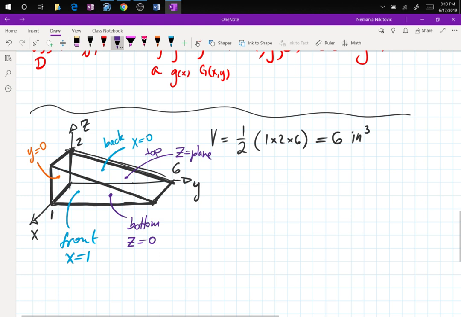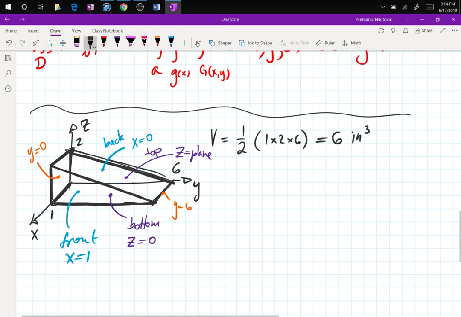Now, looking at y's, on the left-hand side, I have this line also here that is y equals 6. So looking at the y's, y goes 0 to 6. And then looking at x's, x goes from 0 to 1. So both of those are number to number, and both of those are eligible to be at the end of the integral.